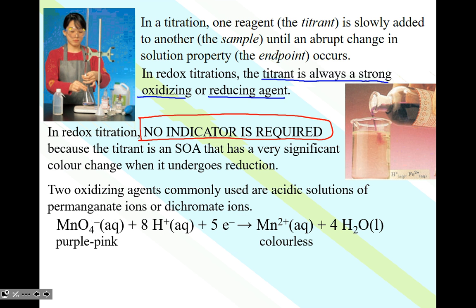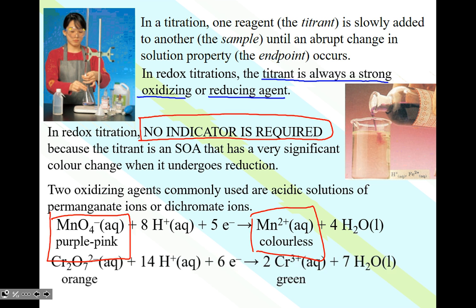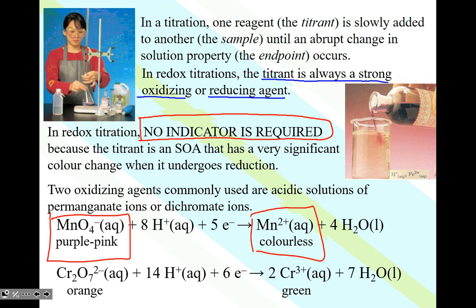If you have the MnO4, you get a purple-pink color. If you have the Mn2 plus, you go colorless. So there's going to be a change in color anyways without the need of an indicator. And for the dichromate ions, you have a color change from orange to green or green to orange. So no need for an indicator.